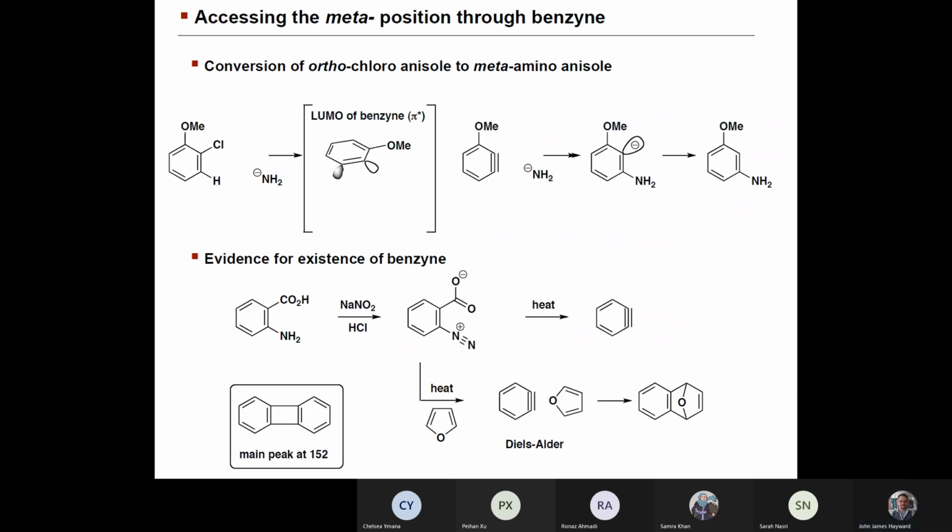So we're going to now do a strategy called benzyne formation. Okay, so here we go.